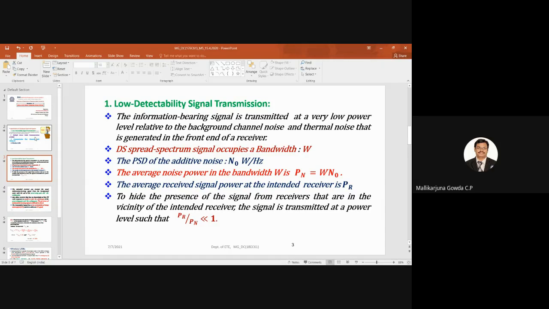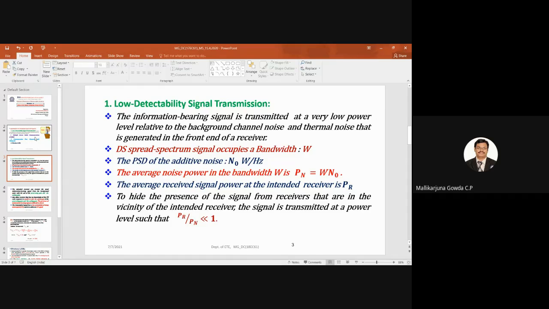We all know that, right? So we are going to transmit our message signal at a very low power level, and that power level will be very small compared to the channel noise as well as the thermal noise generated in the front end of the receiver.